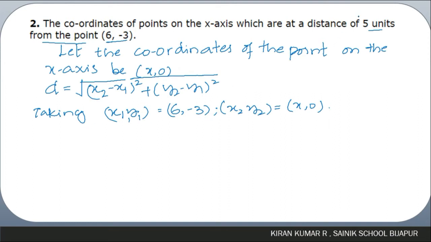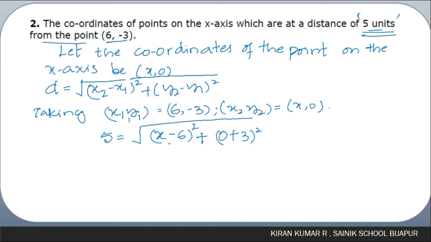They have given that the distance between them is 5 units. So 5 will be equal to under root x2 minus x1 whole square, x minus 6 whole square, plus 0 plus 3 whole square. Now squaring on both the sides, we get 25 equal to x minus 6 whole square plus 3 square, which is 9.